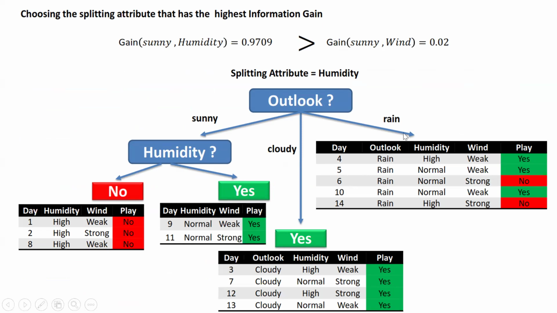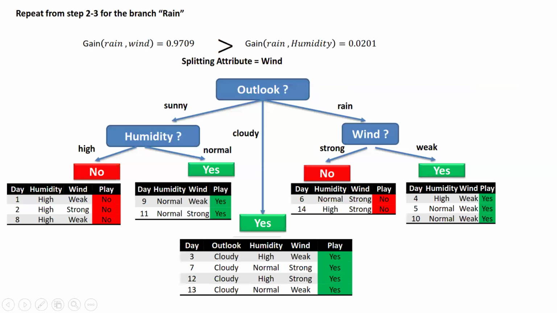But for rain, we see that the next is supposed to be the wind, whether it was strong or weak. If it is strong, what is the outcome? If it is weak, what is the outcome? So this is how we need to implement the decision tree. This is the theory behind the decision tree. Thank you all.